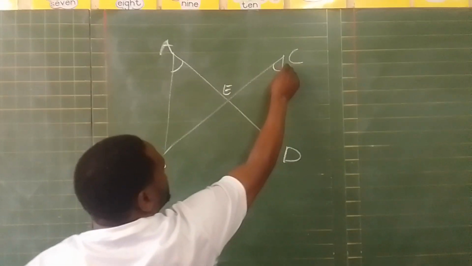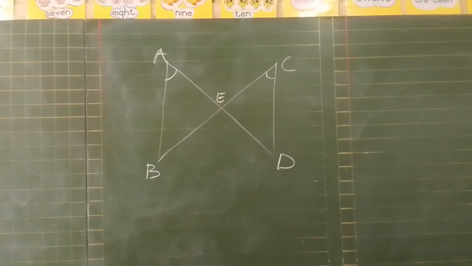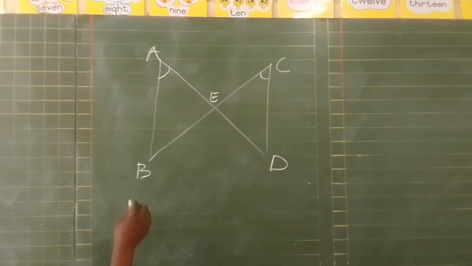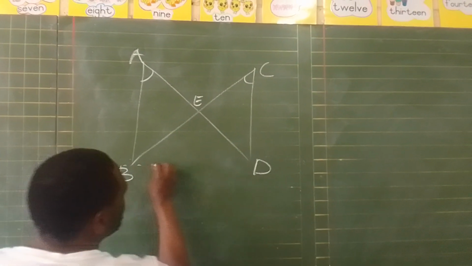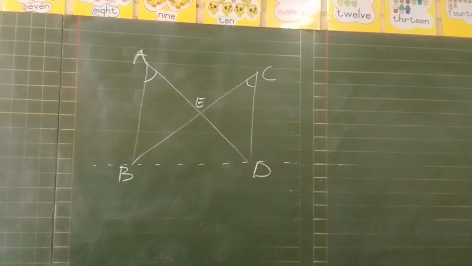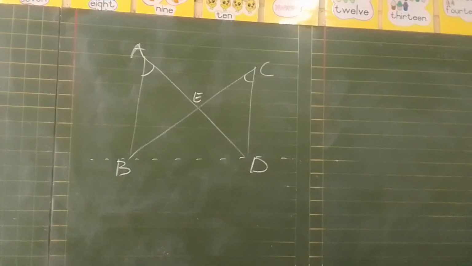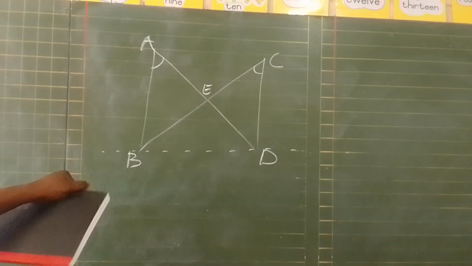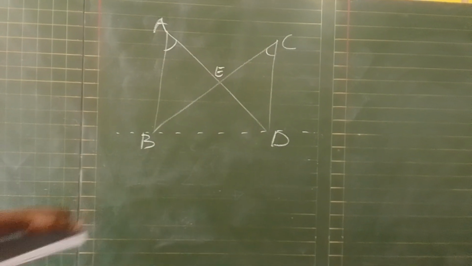This angle is equal to that angle. Reason: they are all subtended by the arc BD. If you don't want to say the arc BD, you can say the chord BD.